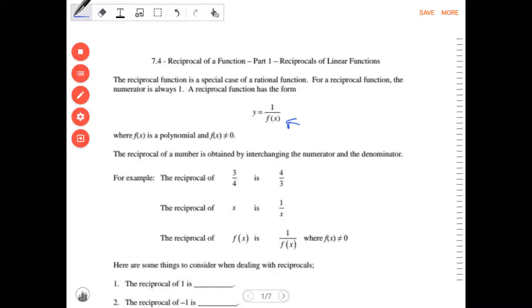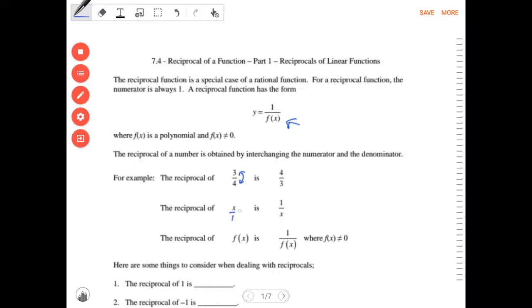Awesome. Okay, so you'll recall that the reciprocal of a number is simply obtained by interchanging the numerator and denominator. They just flip. So the 3 goes down to the bottom, and the 4 goes up to the top. So the numerator and denominator flip. If you have just a single variable, x, or even a single number, it's not a big deal, because remember, we can write x as a fraction, x over 1.